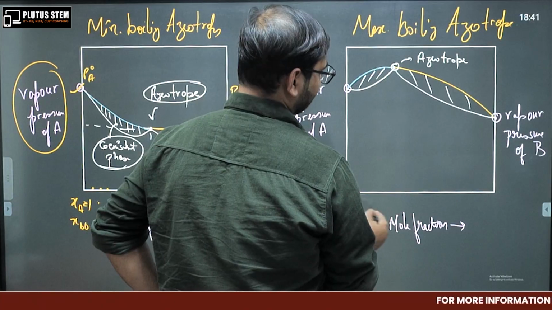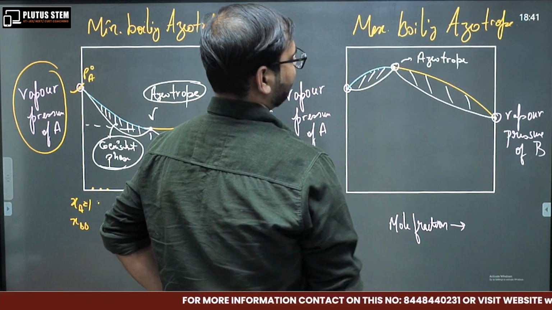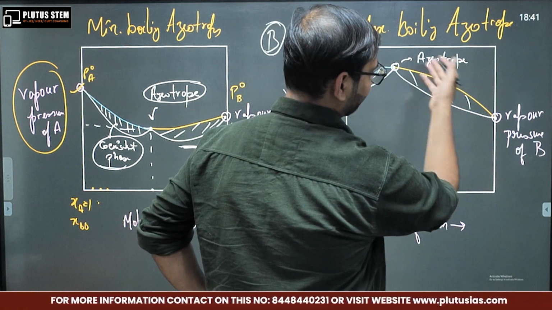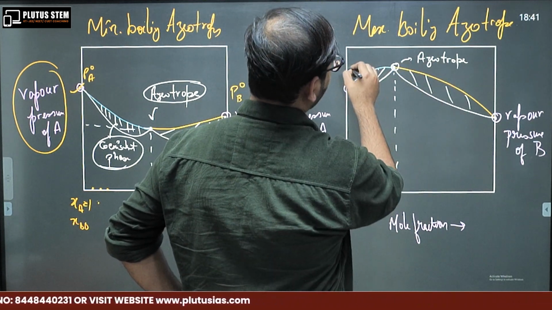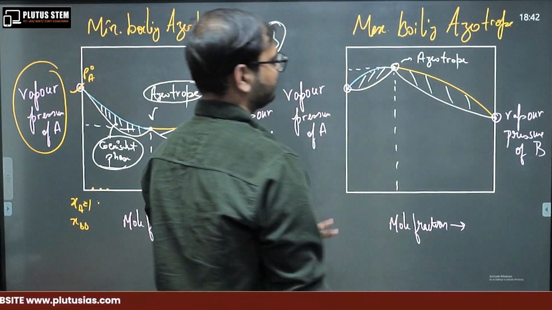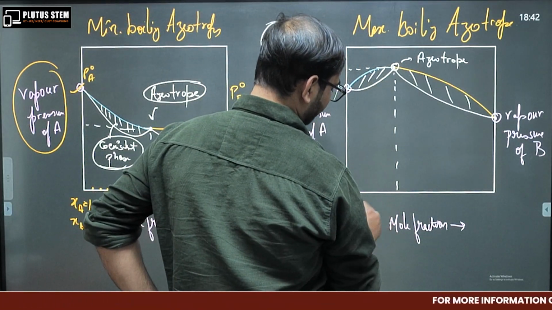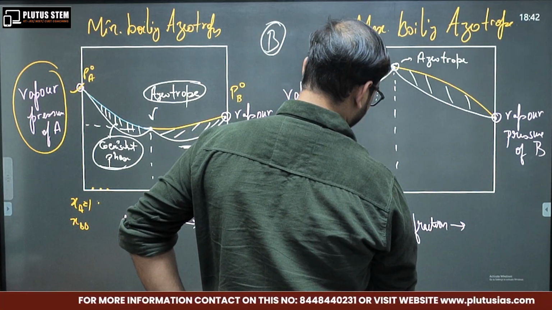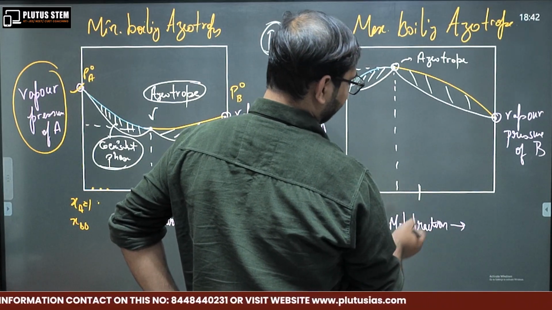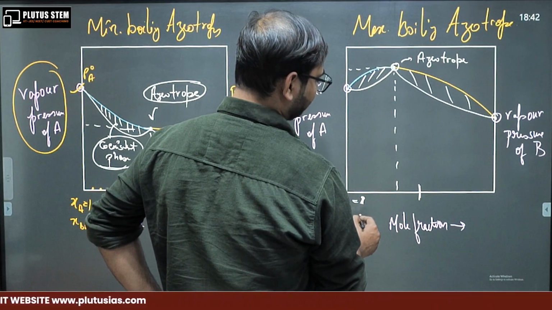Here, as the mole fraction increases, the vapor pressure of A increases, and the same goes for B, and at a definite position, I achieve a maximum boiling point which will be above either of the solutions. Now, in this portion, XA is at its maximum on this side while XB is at minimum.